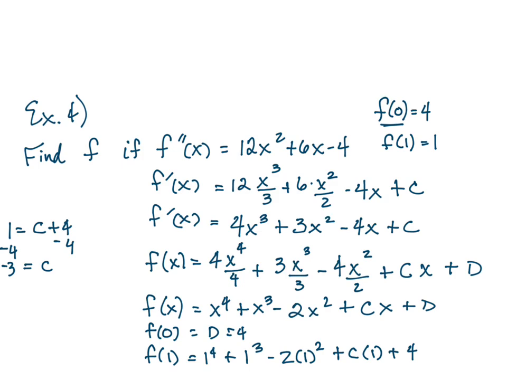Okay. So finally, f of x, I'm going to squeeze it in down here at the bottom, is going to be x to the 4th plus x cubed minus 2x squared minus 3x plus 4. There is our antiderivative position.